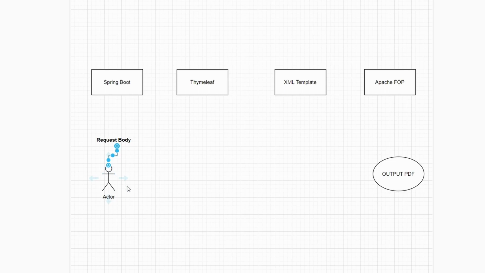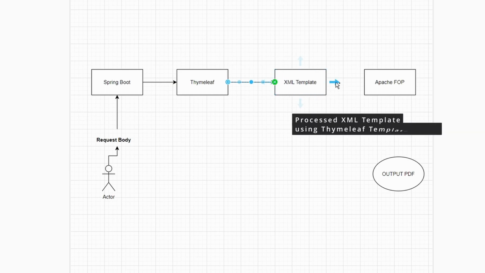Any consumer will pass some request body to our REST API which we have developed in Spring Boot, and then the Spring Boot application has Thymeleaf, and it will call the XML template, and then in that XML template we'll pass the object, and that relevant object is getting used.